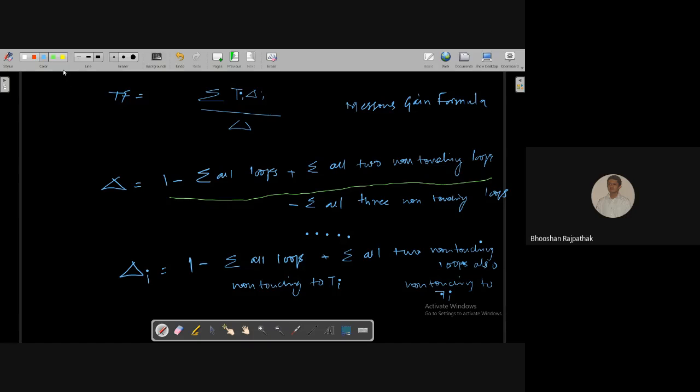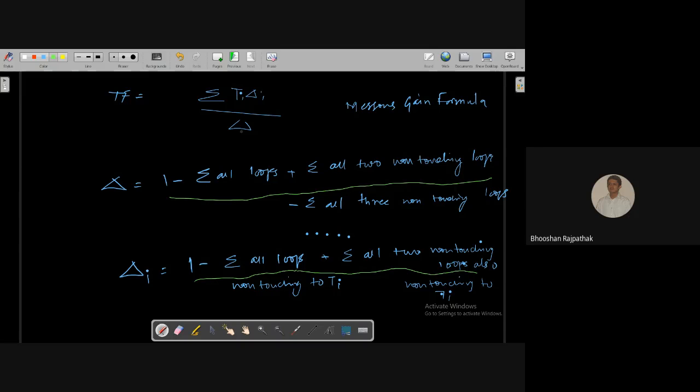Okay, so you will not get any difficulty which will be more than this. At max it will be this. All loops non-touching to Ti. At max there will be a pair of loops, two loops non-touching to each other as well as non-touching to Ti. That is delta I. And once you have this, then Ti delta I, their summation divided by delta.